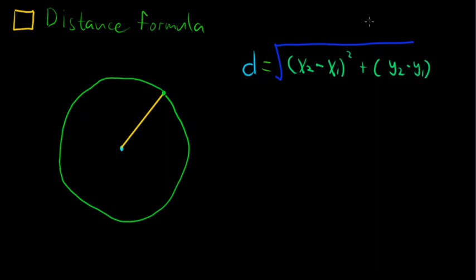Extend natin yung radical sign. Oops, nakalimutan natin yung square. Ayan yung alam nating distance formula, which basically nanggaling din naman sa Pythagorean Theorem.